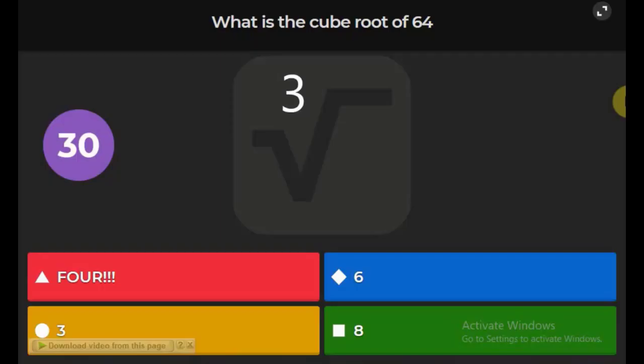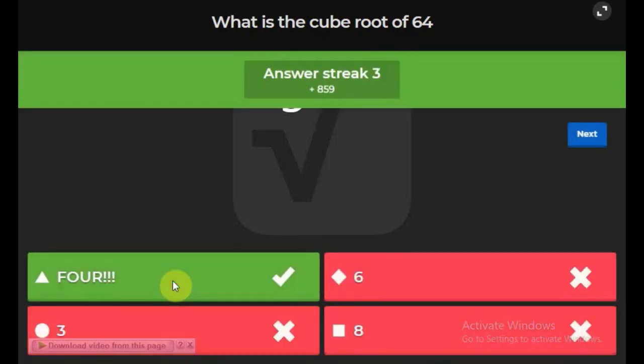What is the cube root of 64? Which number, if we multiply it by itself 3 times, will give us 64? Pay attention. 8 times 8 equals 64, not 3 times. 4 times 4 times 4 equals 64. We can use our calculator.